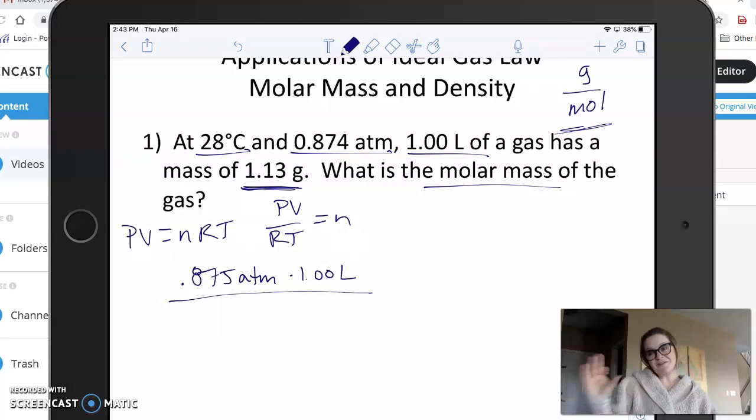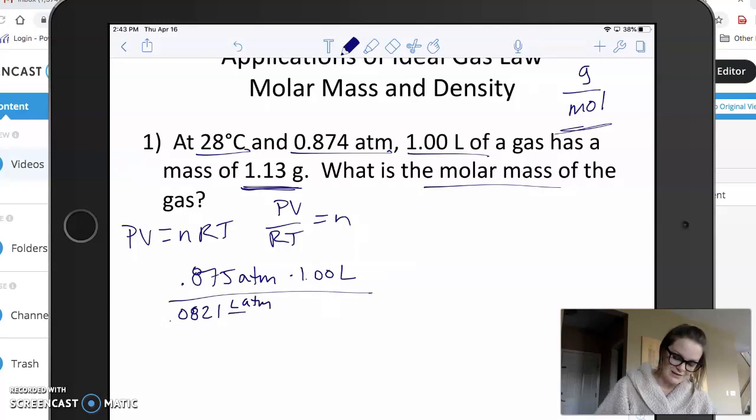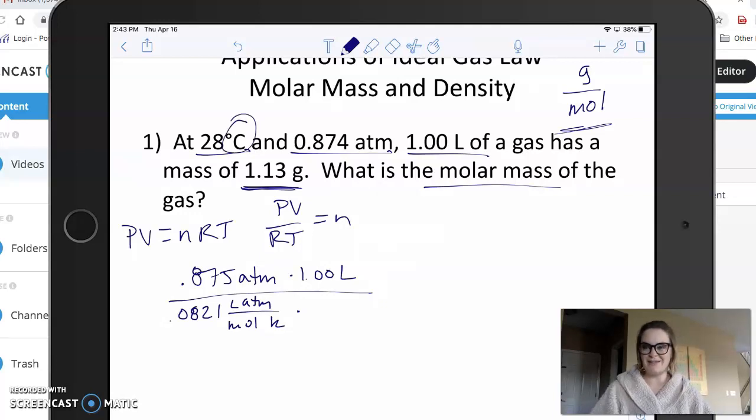Notice how the pressure is in ATM. We're going to pick the R value that has ATM in the unit, and that number is 0.0821, and I'm going to write the unit ATM over mole Kelvin times the temperature, which is 28 degrees Celsius, but we have to turn it to Kelvin, so I'm going to add 273 to it.